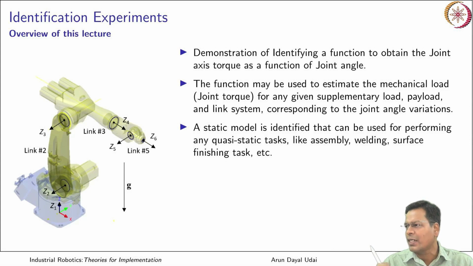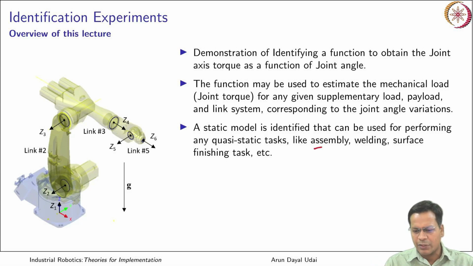The static model identified can be used for performing any quasi-static task. Quasi-static tasks are tasks which a robot performs at very slow motion, like an assembly task. You move your end effector with very small motions, maybe micro motions also, but it is as good as considering the robot to be static. So not much dynamic torque is going to come at the joints.